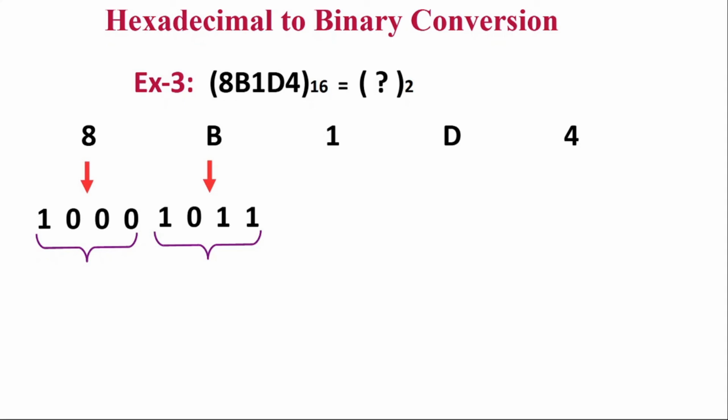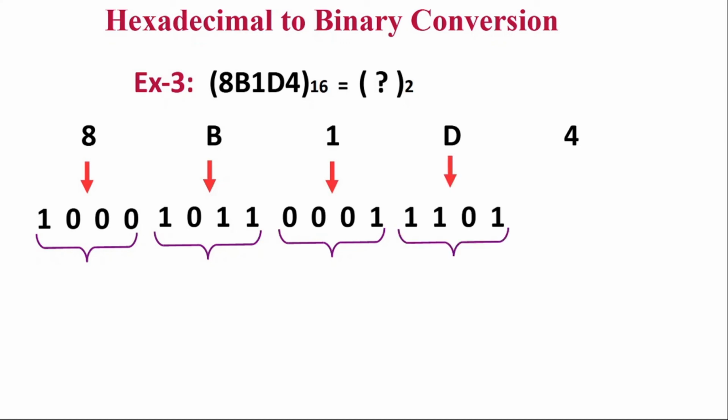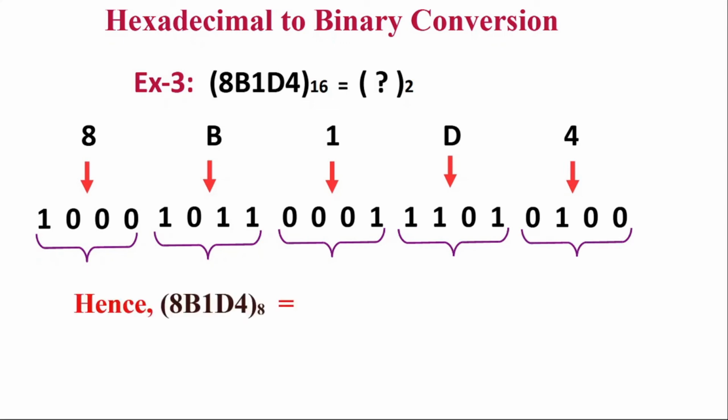The binary equivalent of B is 1011. Binary equivalent of 1 is this, and binary equivalent of D is 1101, and for 4 this is 0100. So this one is the binary equivalent of the given hexadecimal number 8B1D4.